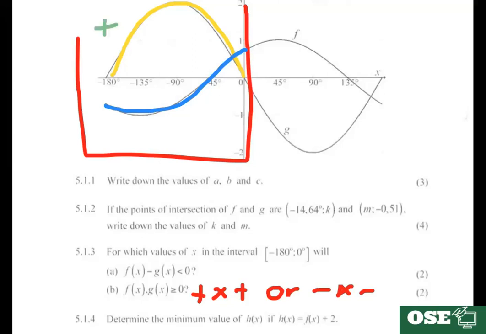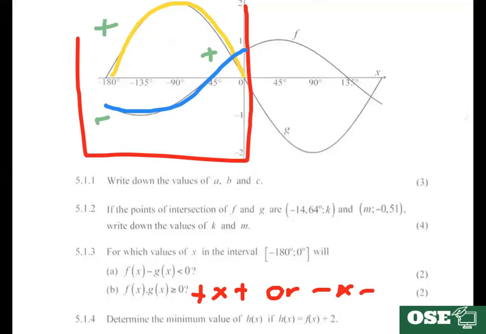Can you see it's only above the x-axis, ne? There's no way where it's below the x-axis. And then f of x starts above the x-axis but comes below. So here, f is positive, but then it becomes negative, ne? So looking at this, is there a point where both f and g are negative?